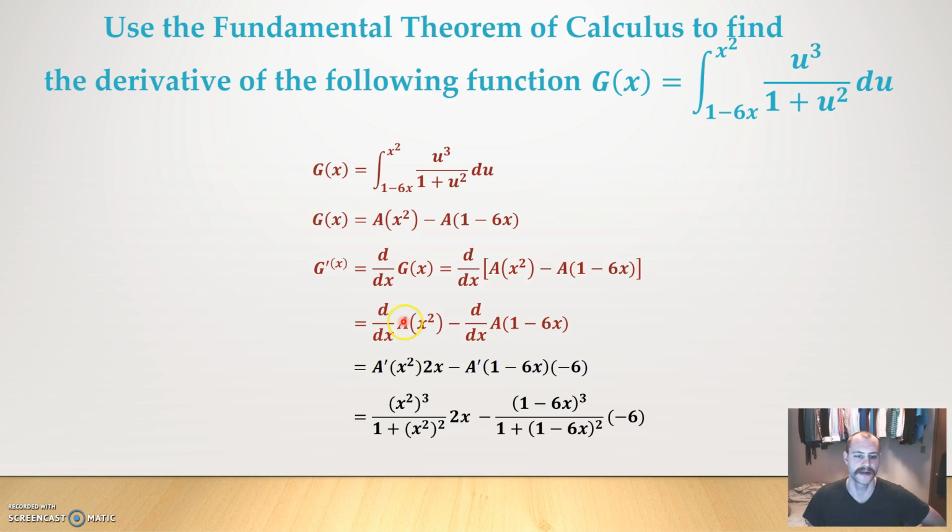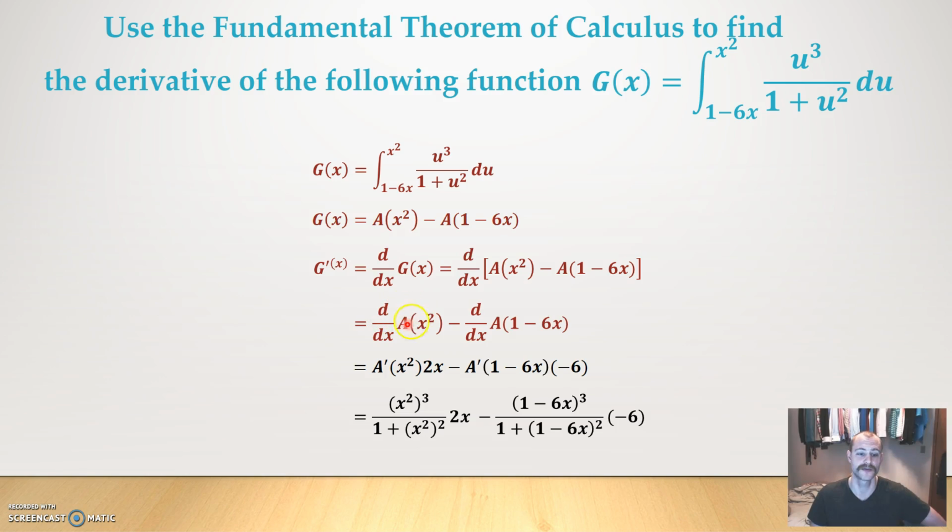If we take the derivative of a function of a function, we have to use the chain rule. That's like taking the derivative of sine of x squared: we get cosine of x squared, but then we multiply by the derivative of the inside stuff. Our antiderivative is a function, and we're inputting a function into it.